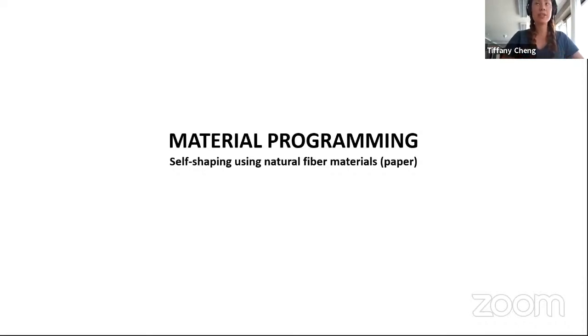It's similar in concept to digital programming, but instead of using bytes, ones and zeros, we're actually using materials with these properties and putting them together. I think with paper, it's one of the easiest, most accessible, inclusive ways to program, for example by selecting papers in different orientations and putting them together.